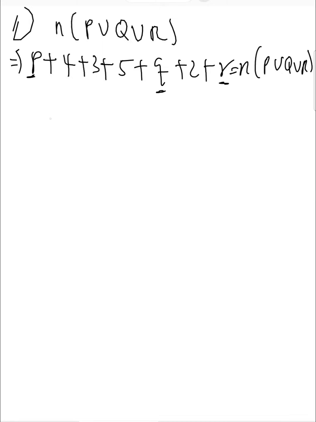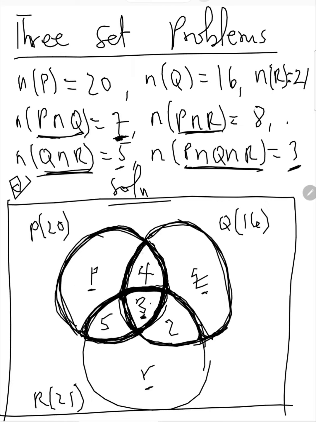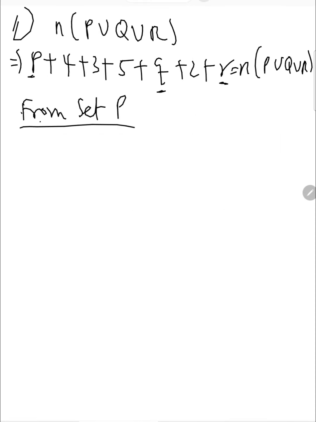So how do we get P? Now we look at set P. I mean we are looking at the set P over here. Okay, don't forget the set P, all of them must sum to 20. So what we do is P plus 4 plus 3 plus 5 is equal to 20. That's what you must do.